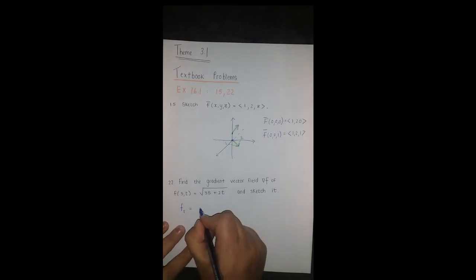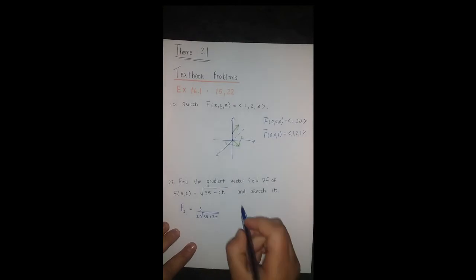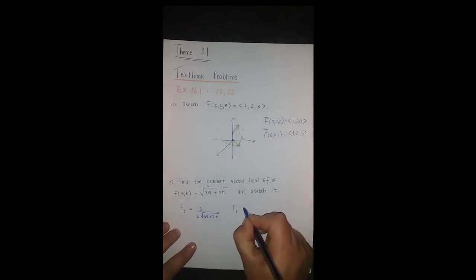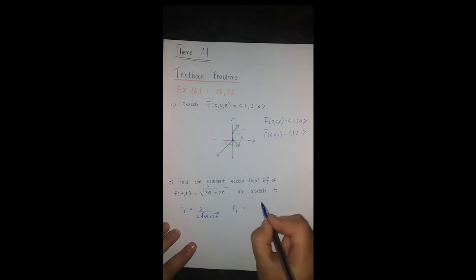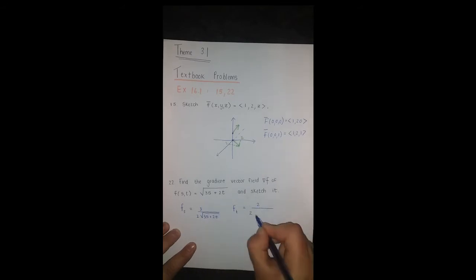So it'll be 3 over 2 root 3s plus 2t. Just check on that. And then for t, it'll be almost the same. So you'll have 2 at the top, and then you take into account this, and then you have this.